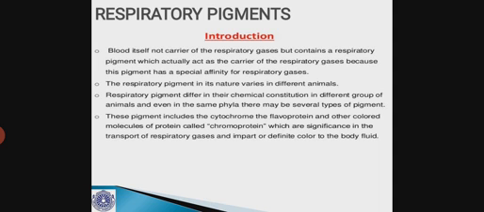So blood alone cannot carry that oxygen and carbon dioxide. The blood itself cannot carry the respiratory gases, but contains a respiratory pigment which acts as the carrier of the respiratory gases, because the pigment has a special affinity for respiratory gases.